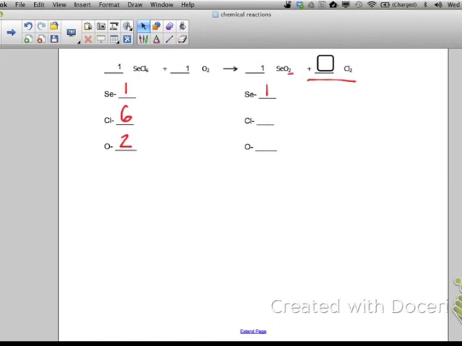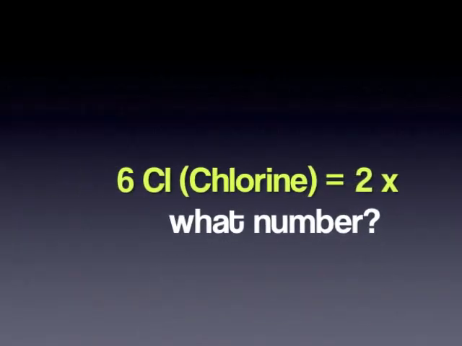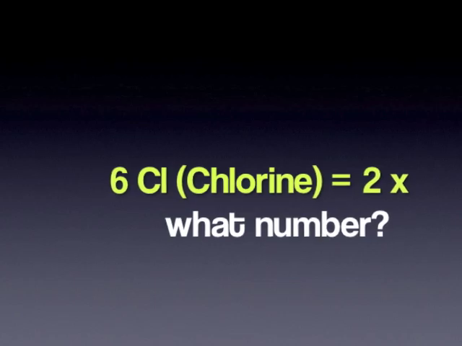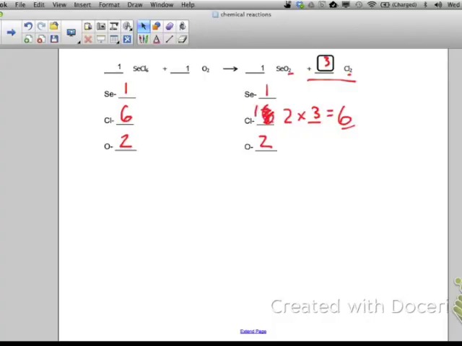And since I got a subscript of 2, I only have 2 oxygens. And so I look here and I see, what do I need for Cl in order to be balanced? So I got a 2, so I'm thinking in my head, that's going to give me the 6 chlorines that I have, and then I see that they're all balanced.